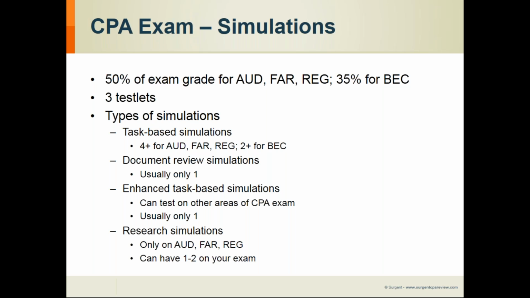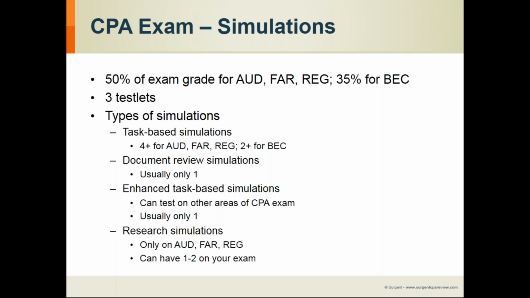So we have your regular task-based simulations, which typically fall around 4. Sometimes it can be a little bit more than that, but it's typically 4 for audit, financial, and regulation. And for BEC, you usually have around 2. We also have the document review simulation, which is exactly what it sounds like it is.